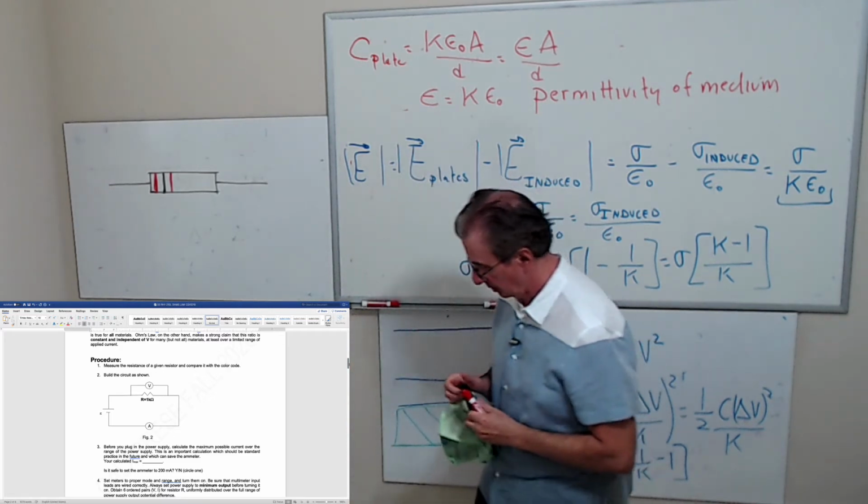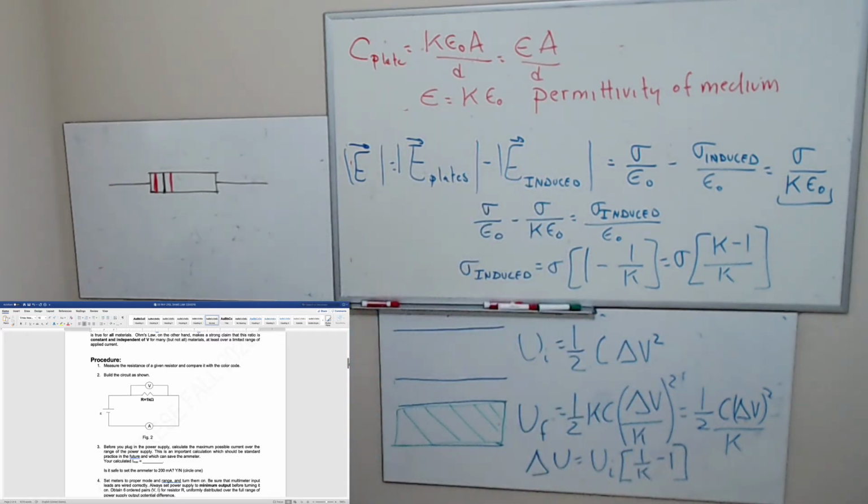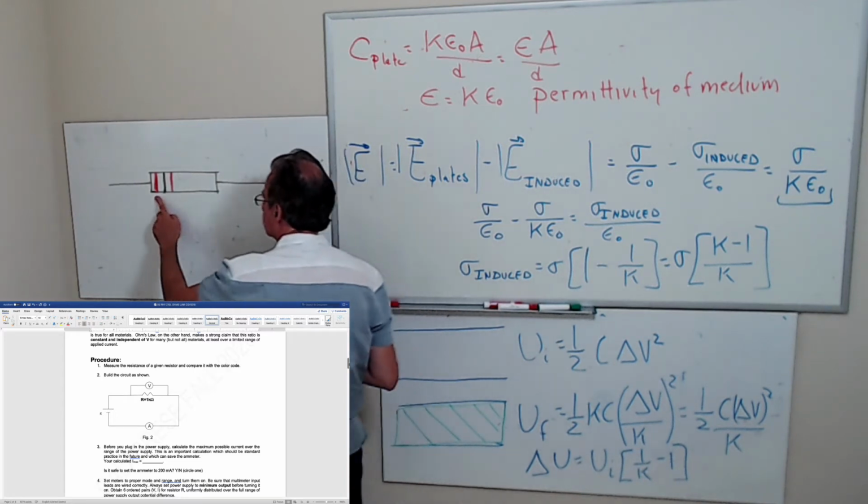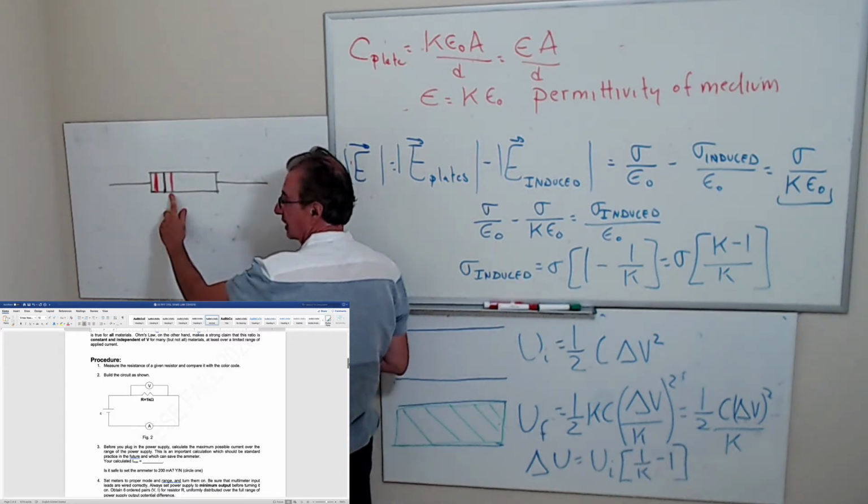Okay? And I forgot to take out my color code. Anyway, these all stand for a number. This is the first digit, this is the second digit, and this is an exponent.